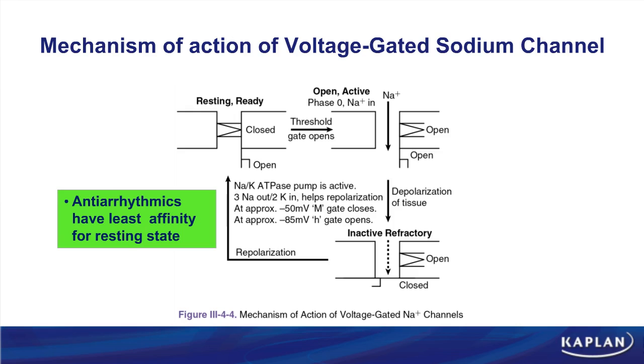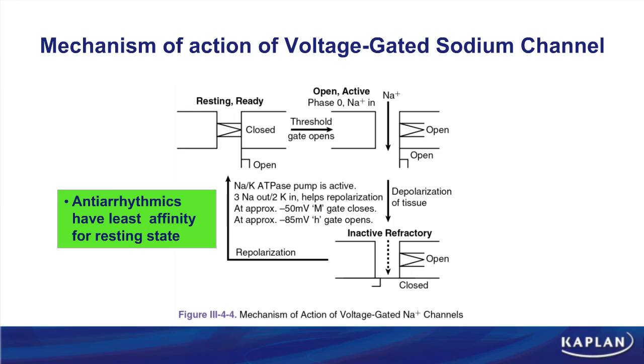Because what happens very quickly is late in phase 0, those H gates swing closed. This is what we call the inactive or the refractory state, where when the H gates are closed, you cannot get sodium into the cell. The inactive state lasts from late in phase 0 through phase 1, through phase 2, and part of phase 3.